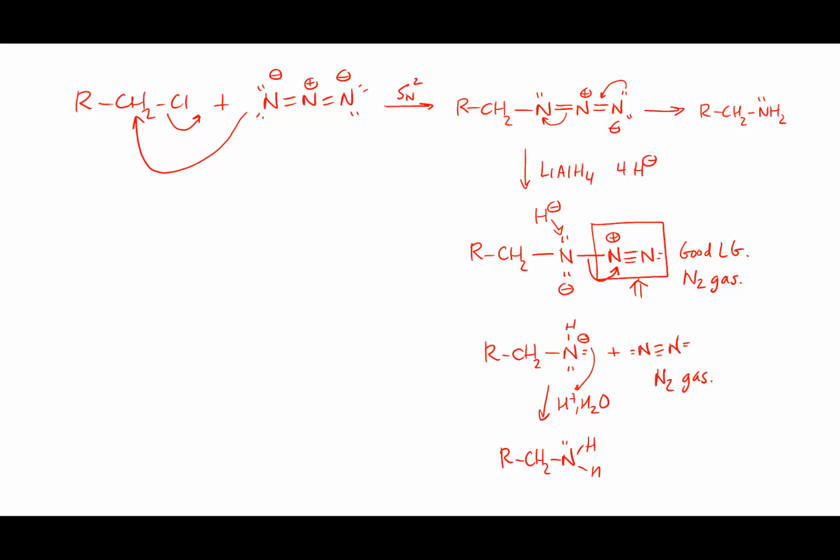And so by using the H minus, we basically cause that nitrogen gas to leave as a leaving group. Okay, so that kind of completes where I left off in terms of the mechanisms.